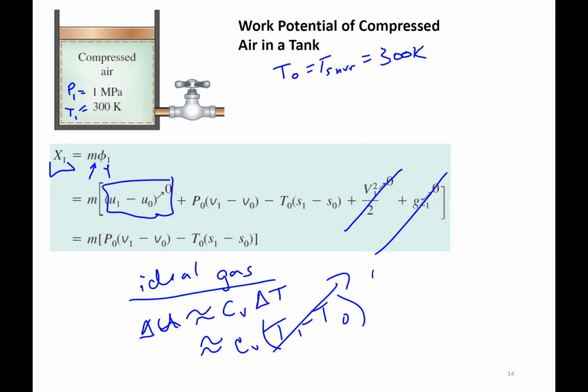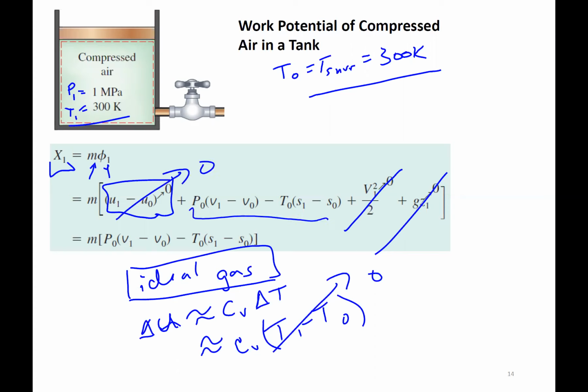These happen to be the same temperature, since T1 and T naught are the surroundings. So there's no work potential from that because the temperatures are the same and it's an ideal gas. If it was water or refrigerant, the enthalpy or internal energy could change because of the latent energy. But because we have an ideal gas, this goes to 0. So we're just left with these two terms and the mass for the exergy, or work potential, inside that piston cylinder device.